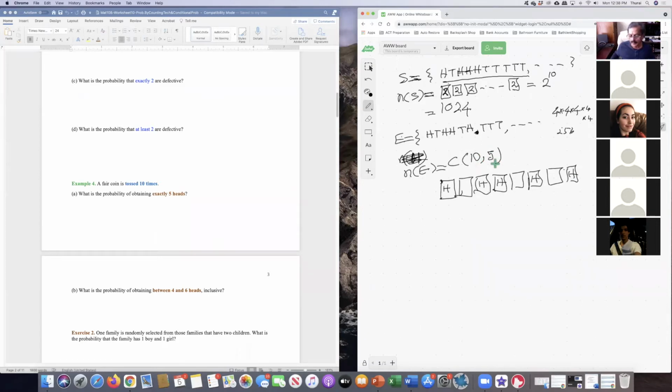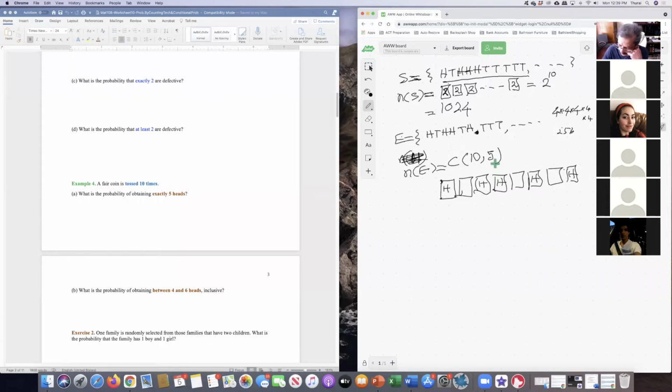We did this kind of problem with zeros and ones, and also with H's and T's with a different number of boxes before. So C(10,5) is the answer, because the number of ways of placing H's here is the same as the number of ways of choosing 5 out of 10. The remaining 5 will be T's.